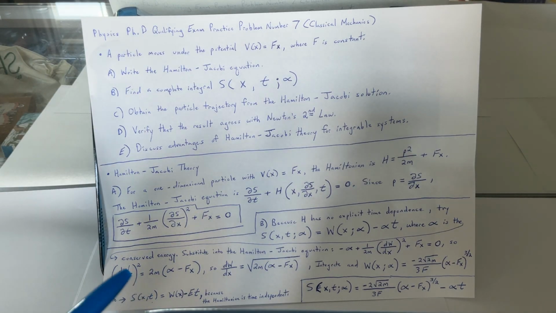As a note, S(x, t) = W(x) − Et, and that's because the Hamiltonian is time independent. So that's part B.